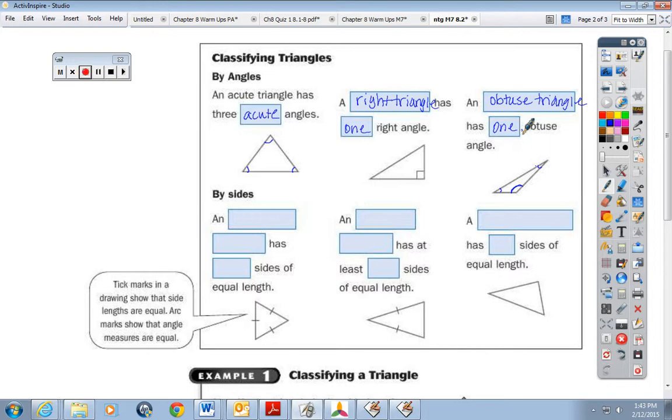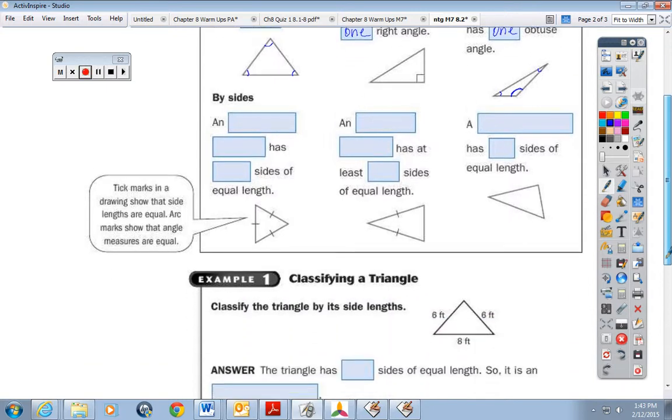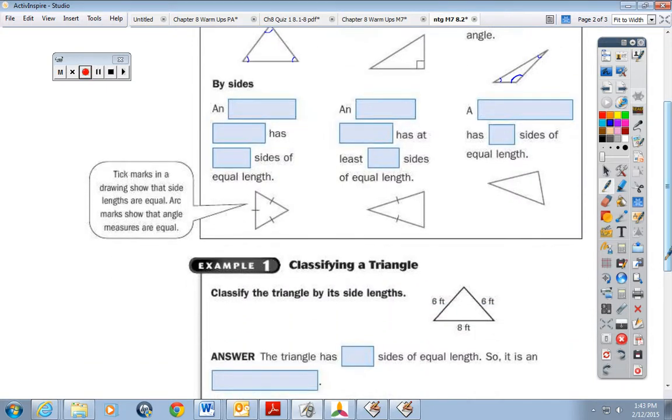Now I'm going to change colors here, and we'll do all right, we're going to do by sides. Now, here's where you want to pay attention. You want to pay attention to the notches. If the notches match, that means they're equal. Okay, and I'll show you what I'm talking about here in a second.